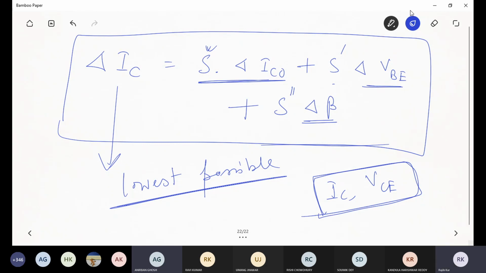So the value of IC should be kept constant, and VCE should be kept constant. Once IC is changing, VCE also will change, because we have seen the output voltage equation, where VCE was a function of IC.